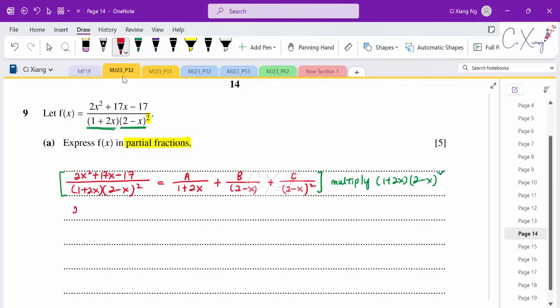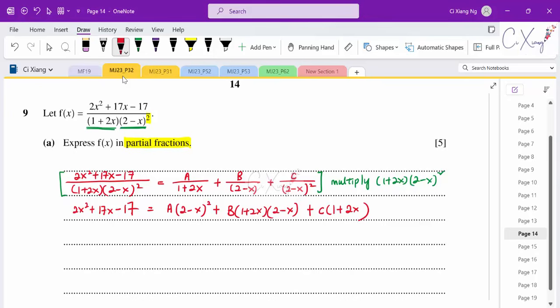Right, so if I multiply the whole equation by the original denominator, on the left-hand side I have a very nice expression, equals to, on the right-hand side, 1 plus 2x simplifies with 1 plus 2x, so A multiplied by (2 minus x) squared. Then for B, you simplify one of the 2 minus x, therefore I have 1 plus 2x, then one more 2 minus x left. Then for C, (2 minus x) squared simplifies, so you have C, and then 1 plus 2x.